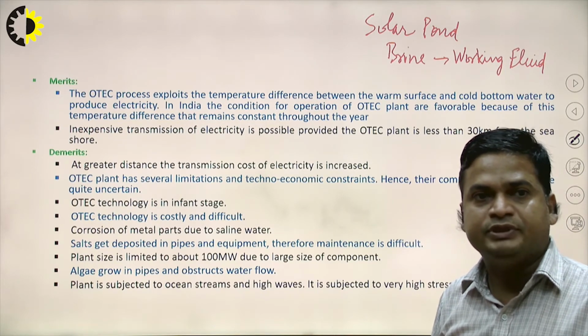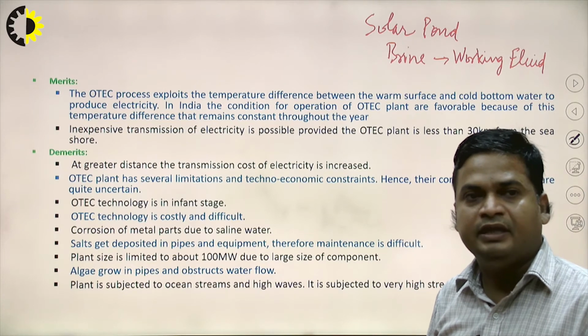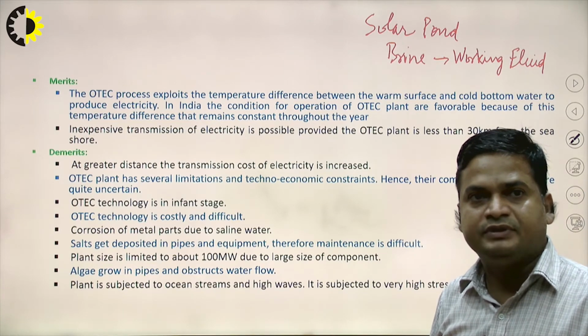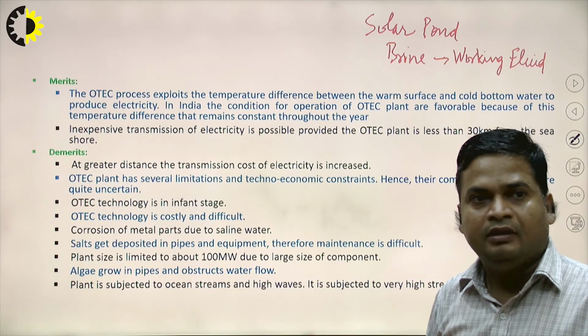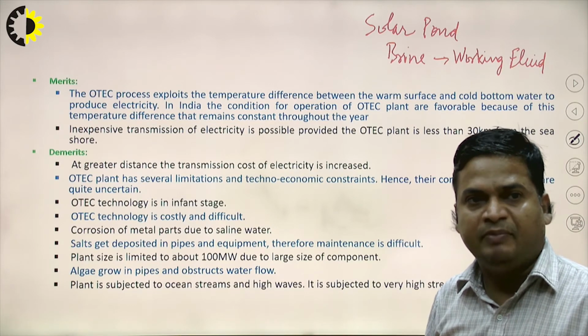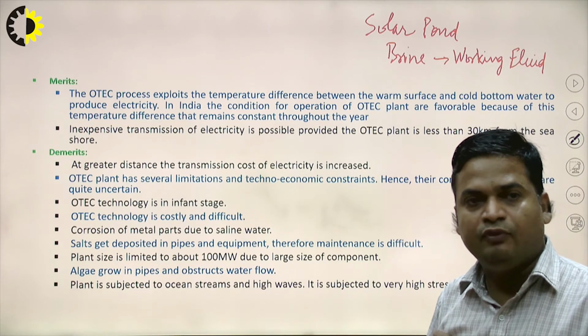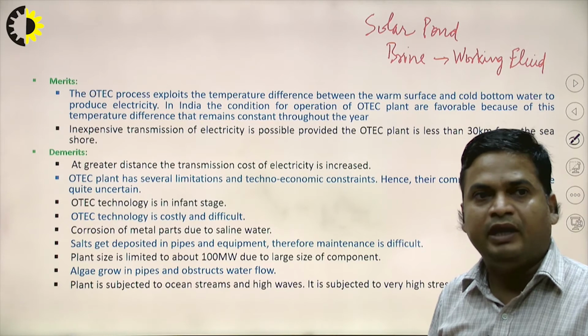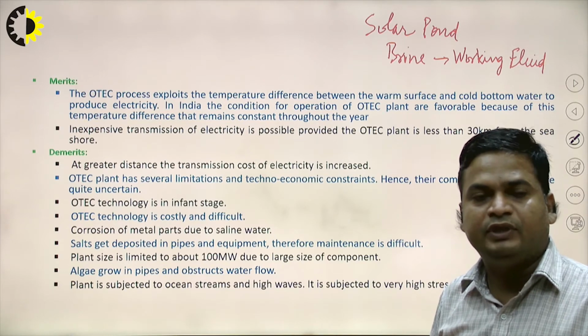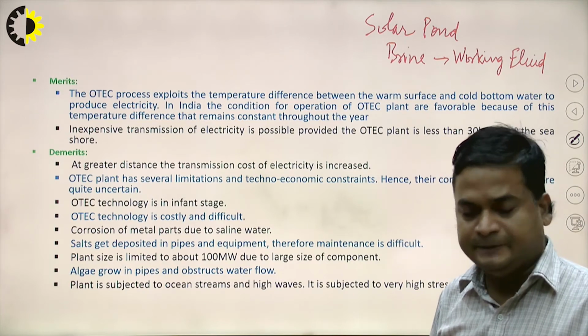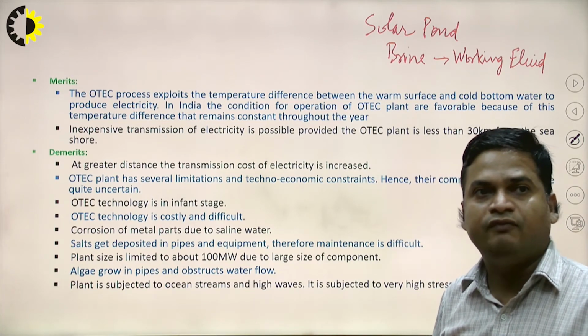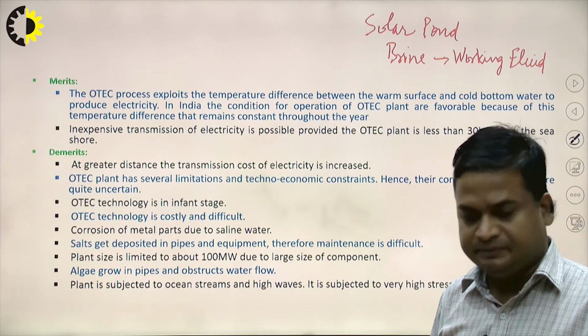These forces create the tides and water waves, and that will impact the surface of the pipelines through which working fluid and water are flowing. Therefore the life of the plant is reduced because of these high stresses. So these are the disadvantages of ocean thermal energy conversion.